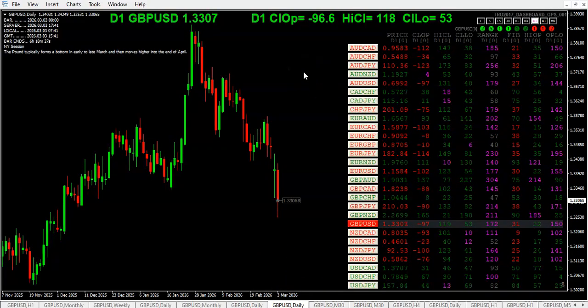Lots of pips. The pound Australian dollar has moved 304 pips. Pound dollar 172. Wow, a lot of movement on the Australian pairs.